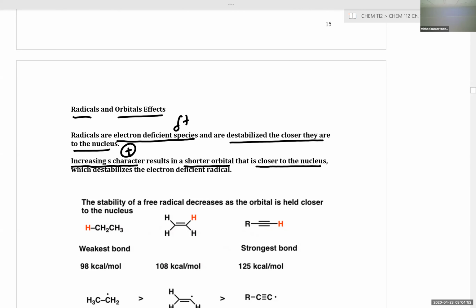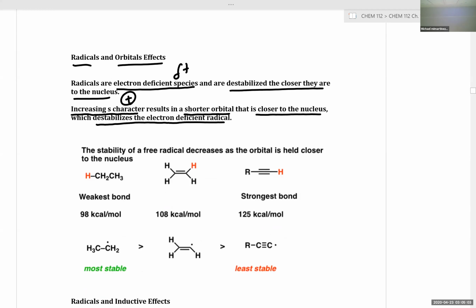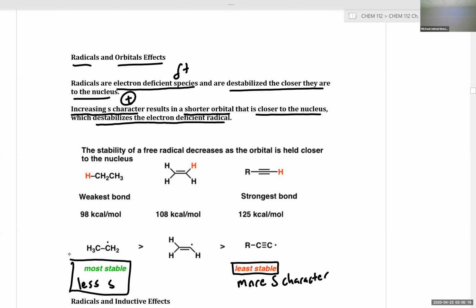And if our orbital is closer to the nucleus, our poor radical, which is already electron deficient, is going to be destabilized. So, in other words, the more S character, the less stable your radical is. The less S character, the more stable your radical is.